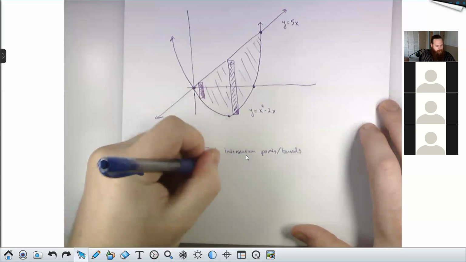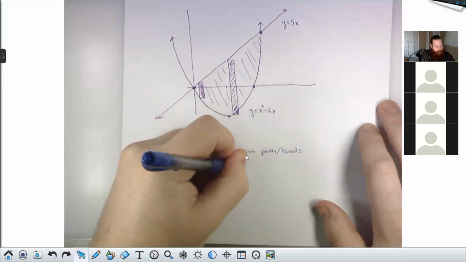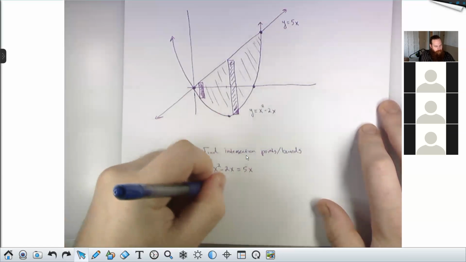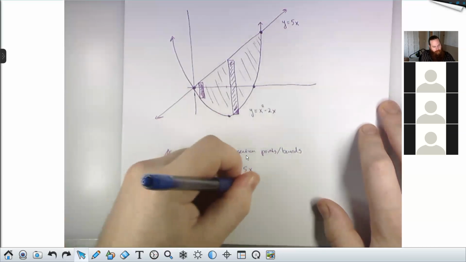So to do that, I'll set x squared minus 2x equal to 5x. I can pull the 5x over, and I get x squared minus 7x equals 0.